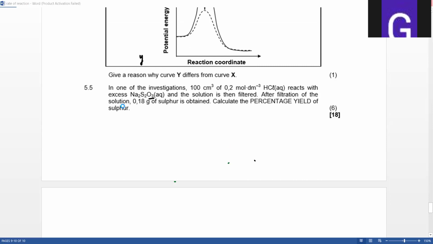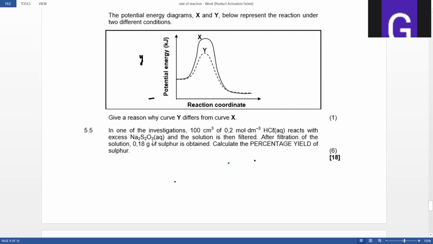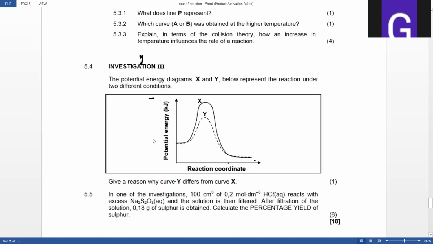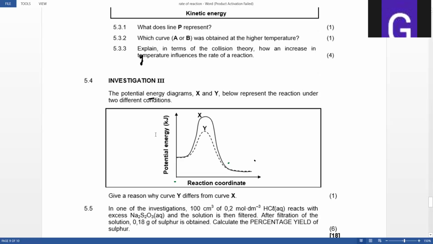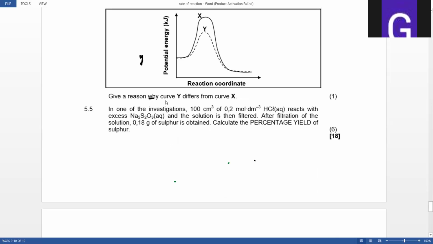Right, we are told that 100 centimeter cubed of 0.2 of hydrochloric acid reacts with sodium thiosulfate. Now, what we're going to do is, let me just take this information back to that one, okay? What is this? 100 centimeter cubed with concentration of hydrochloric acid, okay? Let me write it here.